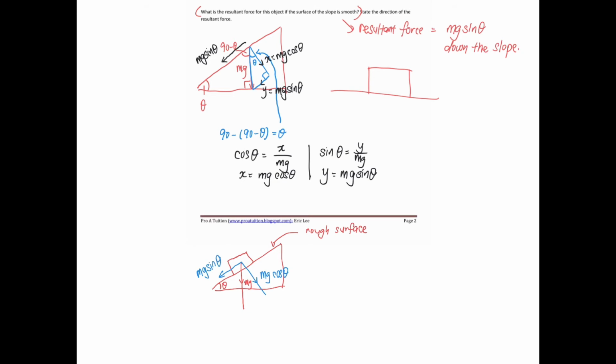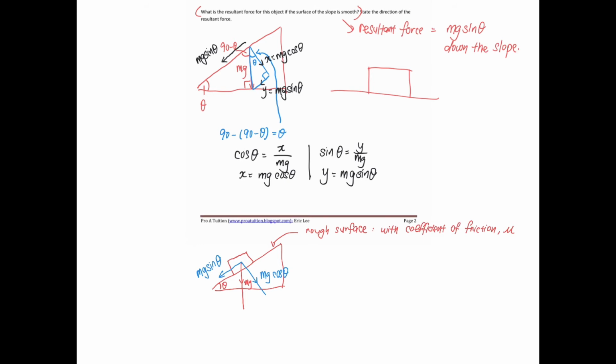And since this is a rough surface, they have to give one piece of information, which is called the coefficient of friction, mu. They have to give this constant, the coefficient of friction.